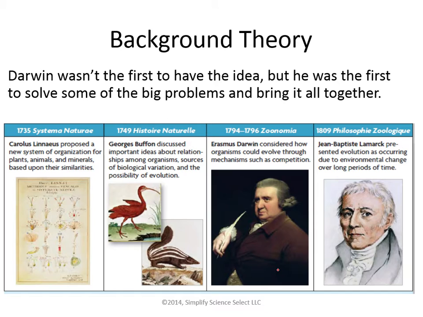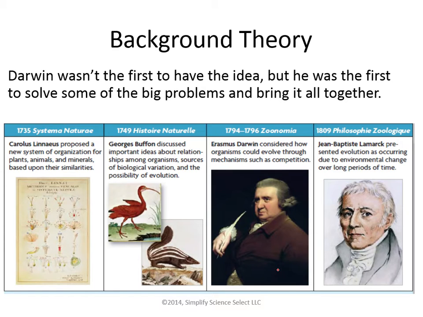Darwin didn't come up with this idea, but he did solve some of the problems and put it together. Linnaeus had some work on this whenever he published his book Systema Naturae. And even one of Darwin's ancestors, Erasmus Darwin, wrote on this topic.